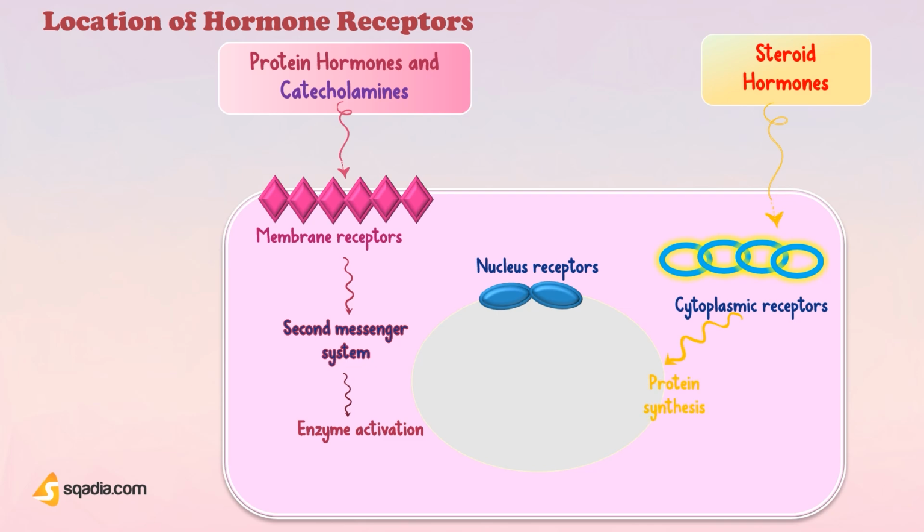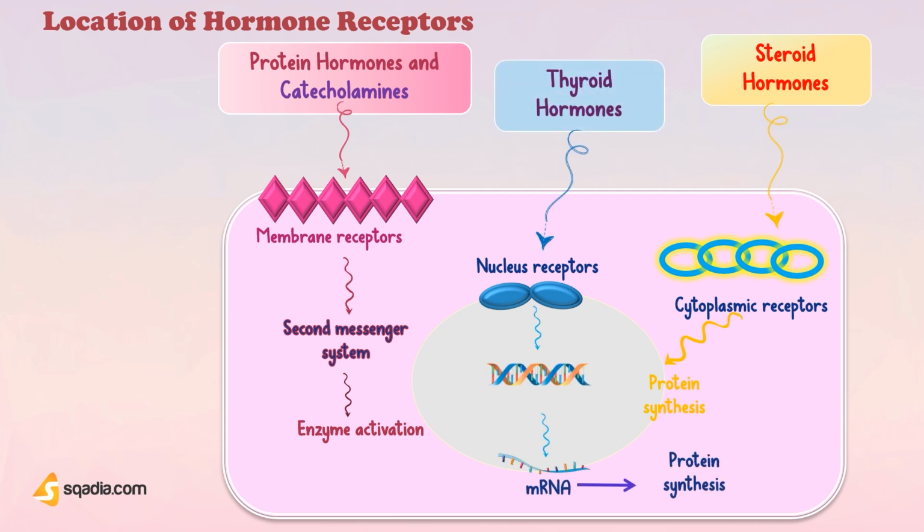Receptors of steroid hormones are situated in the target cell's cytoplasm, which responds with protein synthesis. Receptors of thyroid hormones are in the nucleus of the cell, acting on DNA to produce mRNA and a cellular response of protein synthesis.